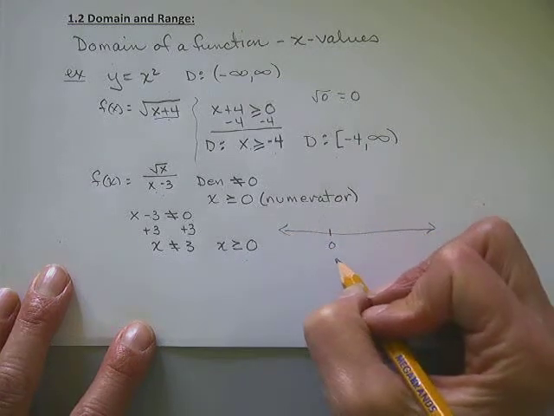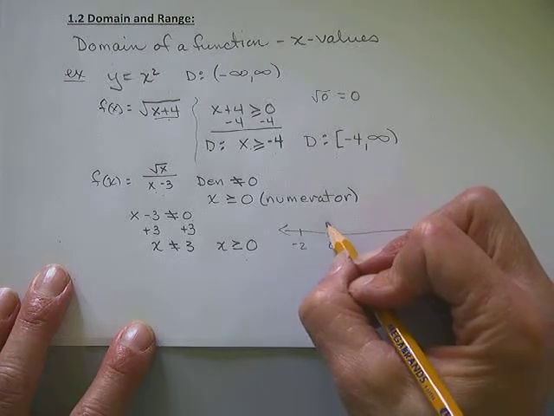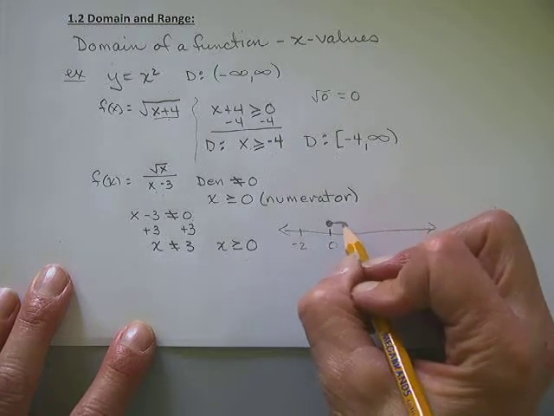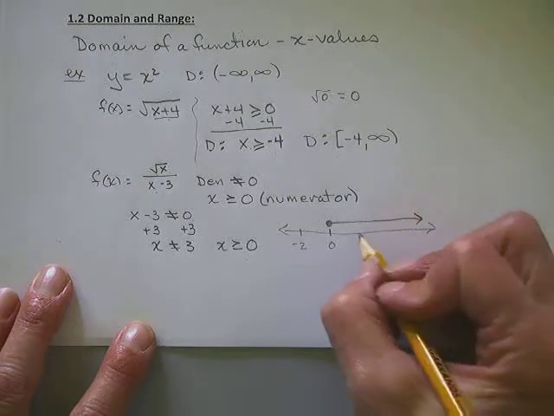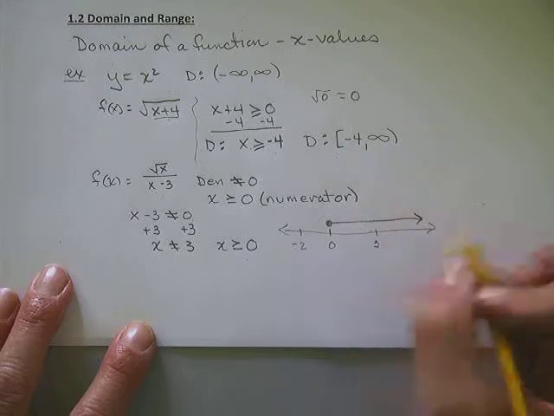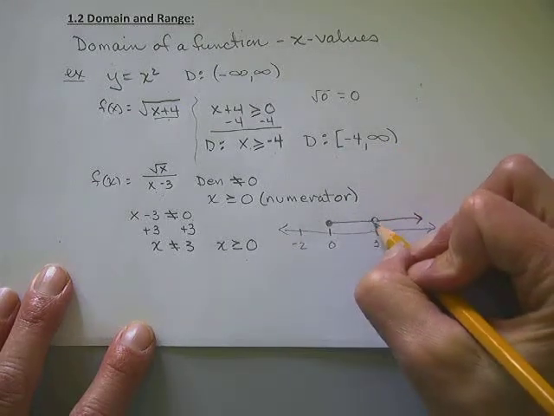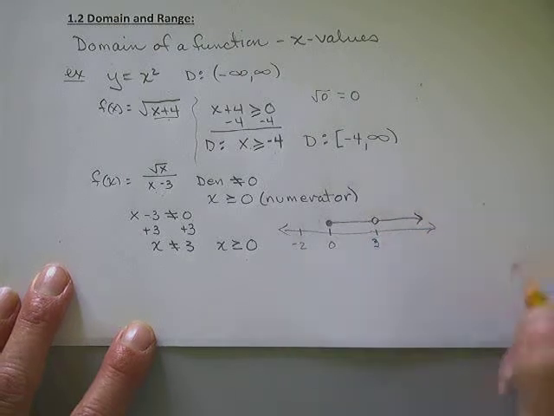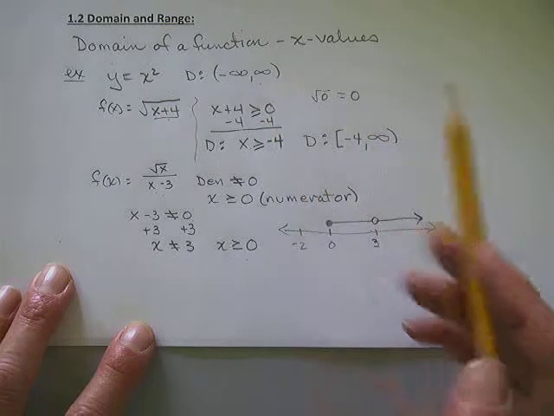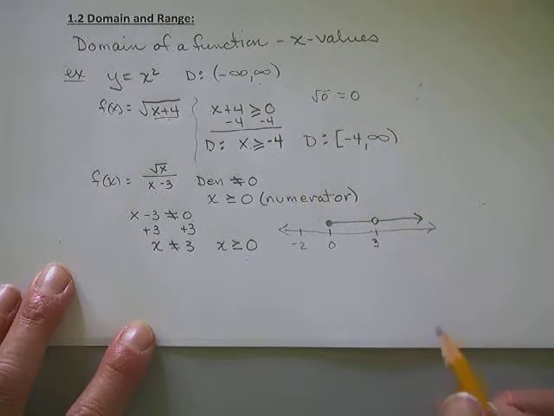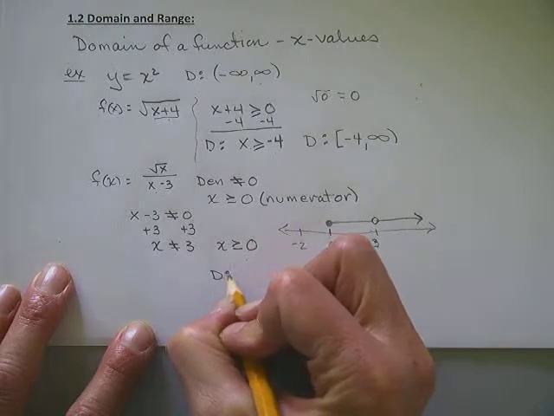So somehow I have to write my domain. If I think about a number line and I put 0 right here, it can equal 0, and I can have all of these numbers except for what number can I not have? 3. So right here at 3, it's almost like I have a gap or a hole.